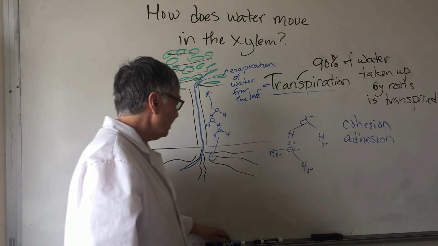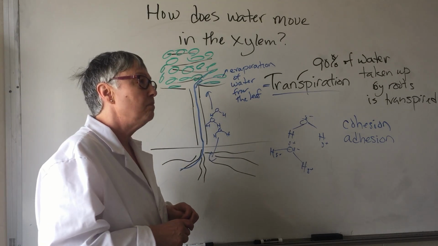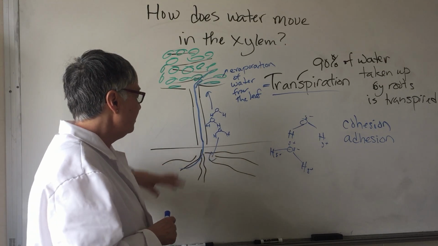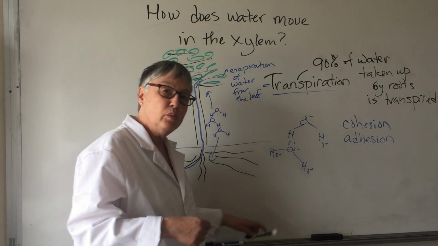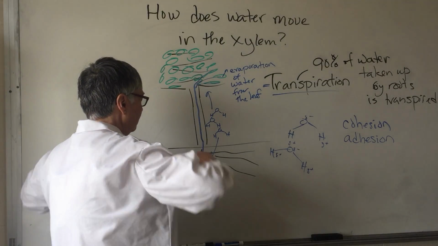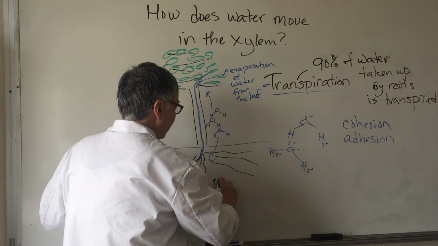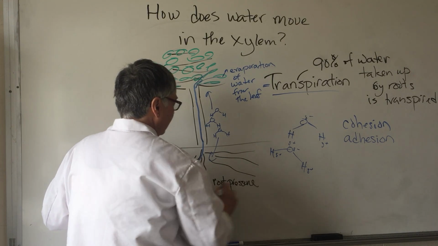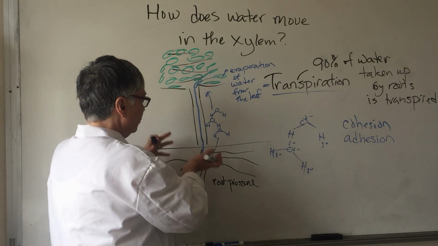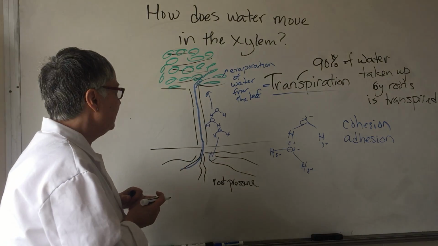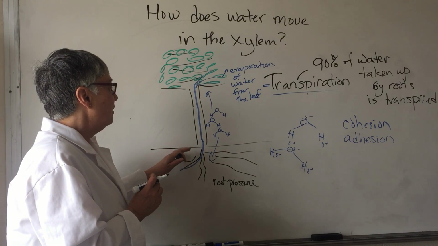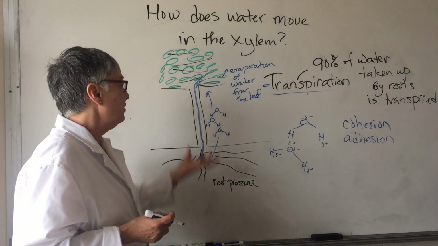There is a little bit of special things going on down here due to the movement of ions into the cells, and that does provide a little bit of pressure that will force fluid inward, but it cannot push water very far up.